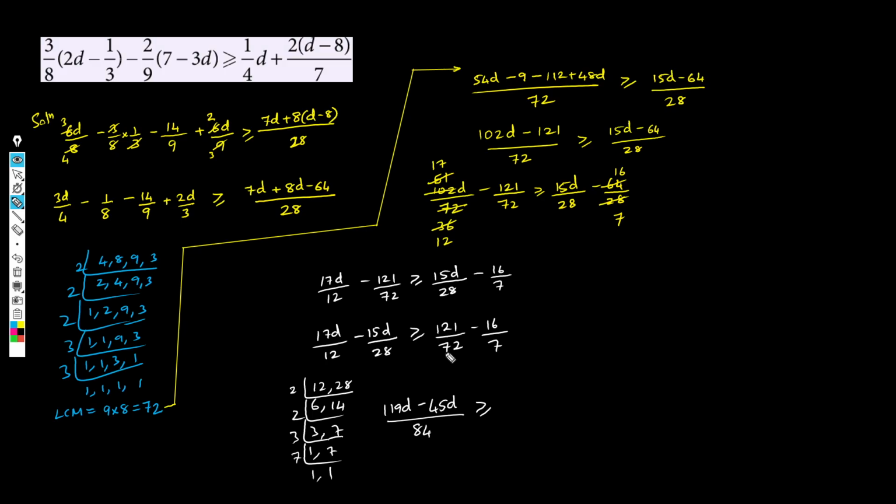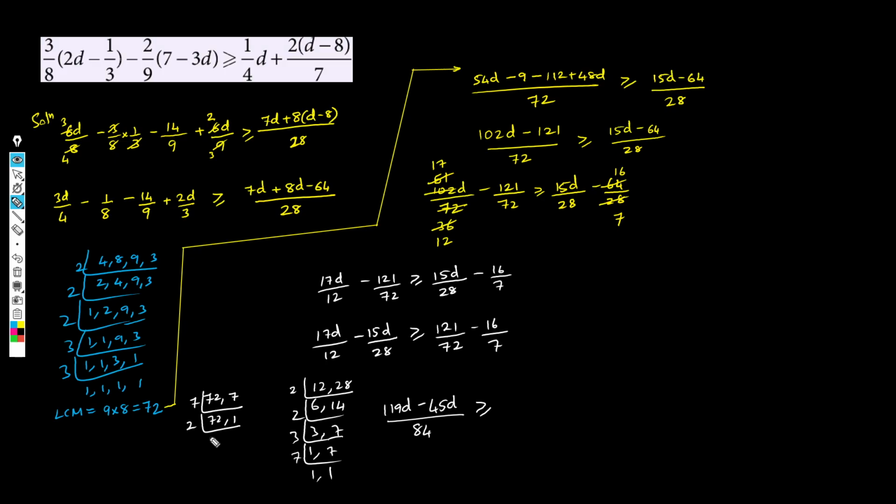A similar case here, I'll have to take the LCM of 72 and 7. Let me take the LCM of 72 and 7 right here on the left side. I get 7, 1s are 7 first, and I'll have to take the LCM of 72.